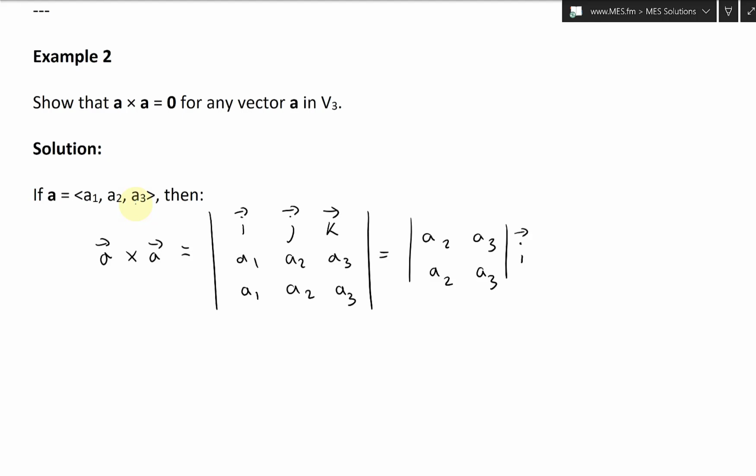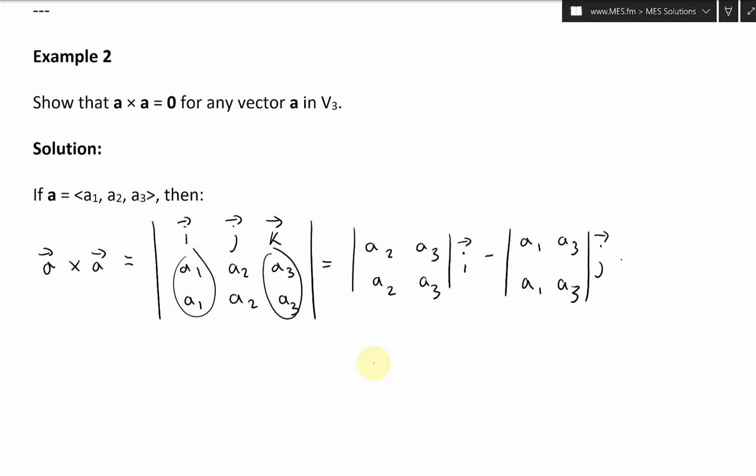Then minus, the next one's going to be, well, this and this: A1, A3, A1, A3. This can be J, like that. And here I just shifted everything over, and then the next one is going to be this one here. It's always this: A1, A2, A1, A2, and then K, like that.